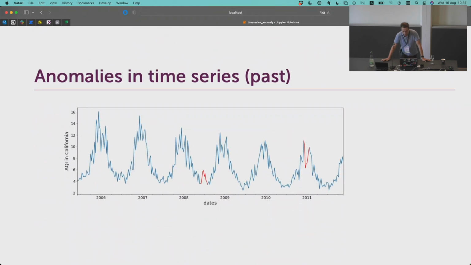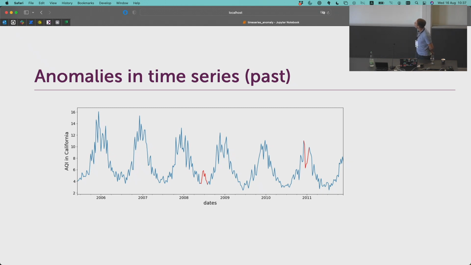That is to be contrasted with another type of anomaly detection in time series. I would refer to it as anomaly detection in the past, right? So that means that stuff has already happened. We have already measured this air quality index. And then we can look at some particular moments in time in the past, like notice these two red regions. I arbitrarily highlighted them, but they are indeed noteworthy in this case, right?